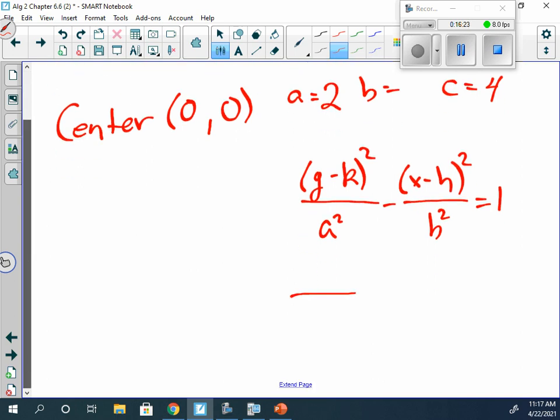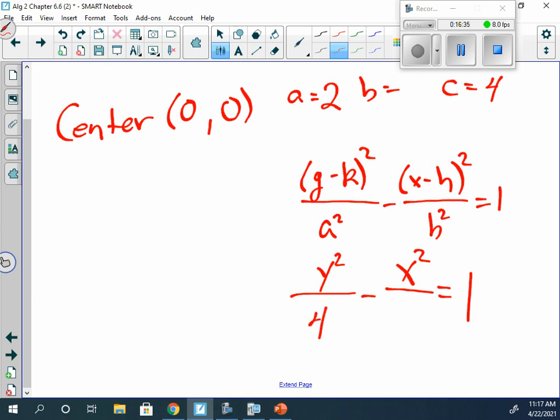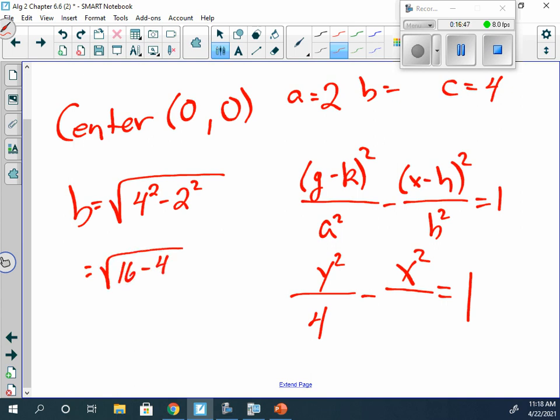So far, we're going to have y squared minus x squared on top, because the center is 0, 0. A squared, well, 2 squared would be 4, now we just need to find the value of b. Well, b is going to equal the square root of 4 squared minus 2 squared, 16 minus 4.